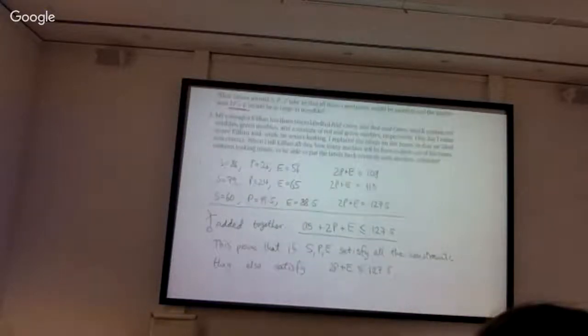And that shows that my solution, this one, is optimal, because no matter what values for S, P, and E you take, you can't beat 127.5, and I've got 127.5, so there can't be anything better that you can do. Does that make any sense?